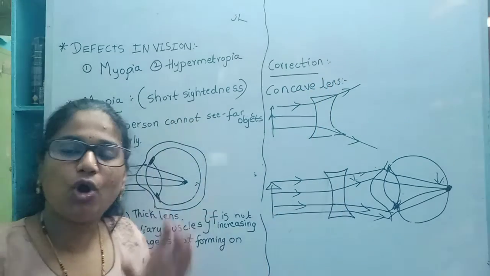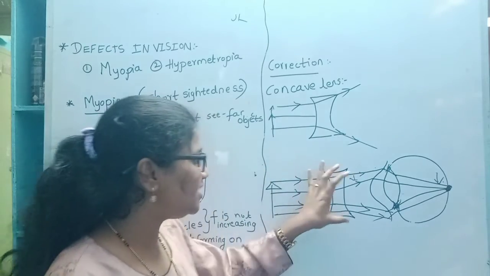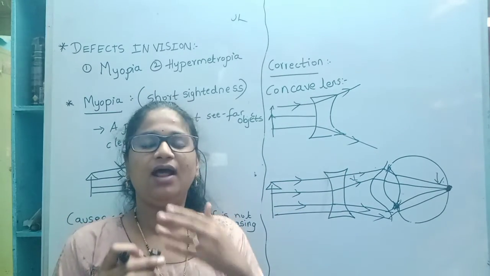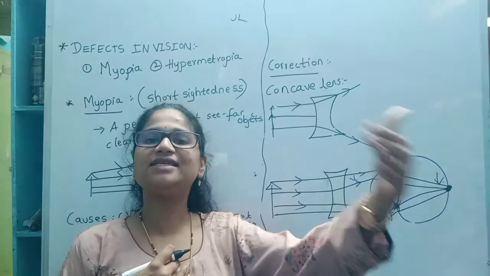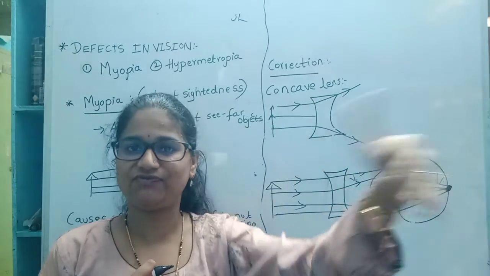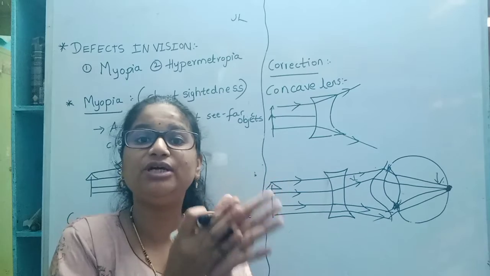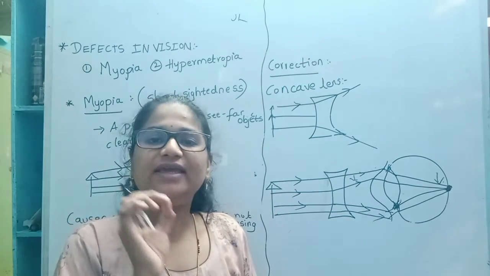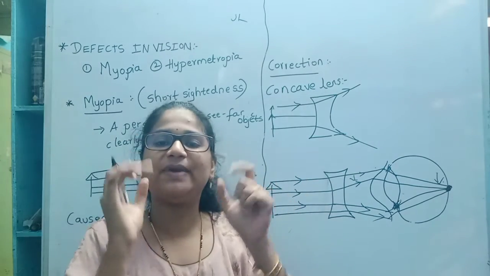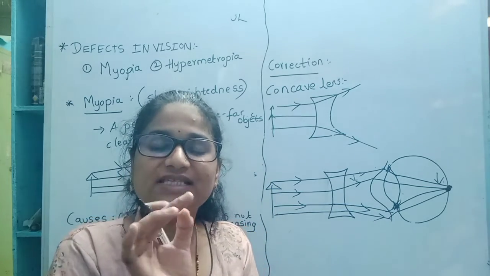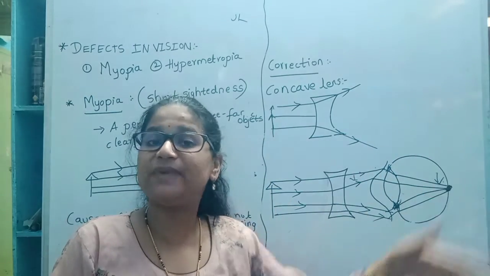The power of the concave lens we use is not the same for all. For example, I have myopia, which means I can't see objects which are far away from me. Those objects will appear blurred. When you go to the doctor, they will give you the power of the lens from which to make the spectacles.